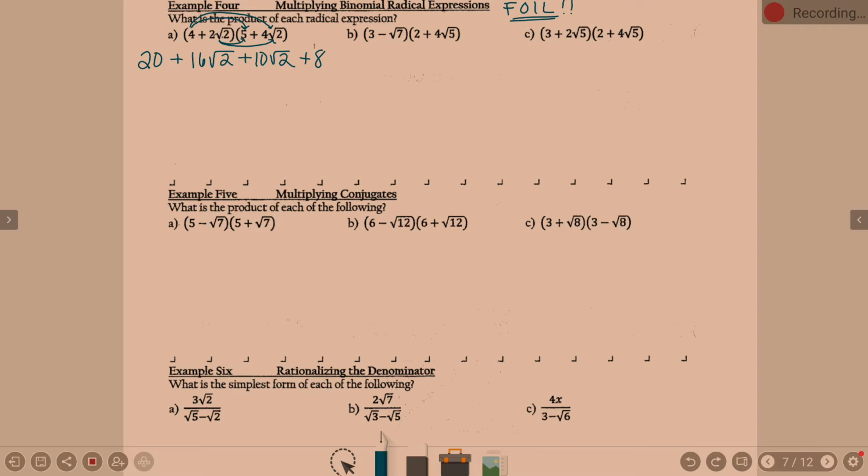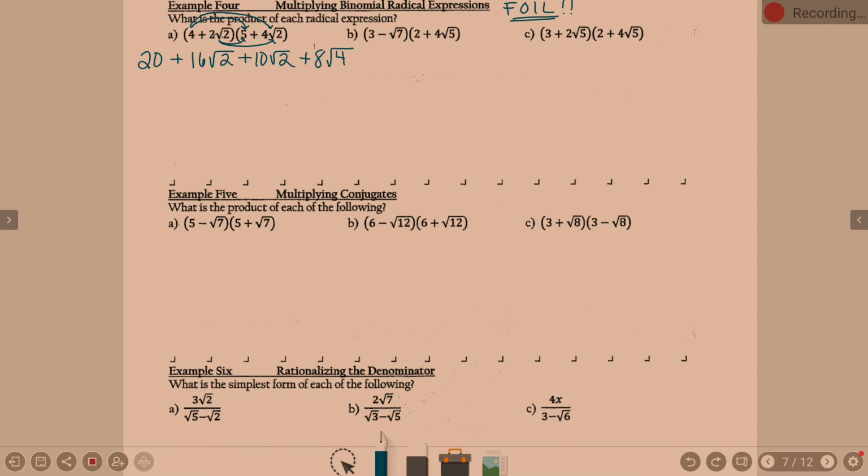Square root of 2 times square root of 2. Square root of 4? It's just 2. Okay. I wrote square root of 4 for the moment. But can we also say square root of 2 times square root of 2 is 2? You can. Square root of smiley face times square root of smiley face is smiley face. It's exactly that. Okay?